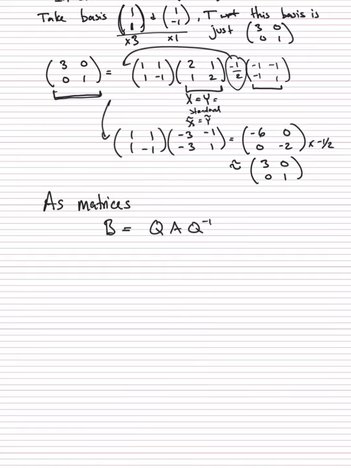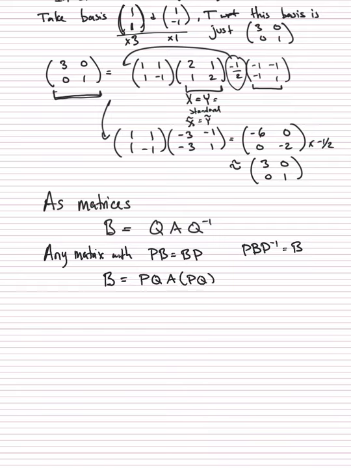Notice, for example, that if I take any matrix P with PB equaling BP, so any matrix which commutes with B, well, then I can write P B P inverse is B, just another way to rewrite that formula, and therefore B is also equal to PQ A PQ inverse.